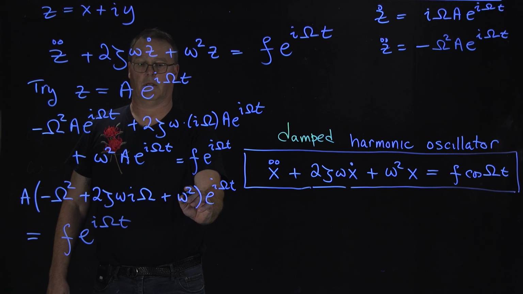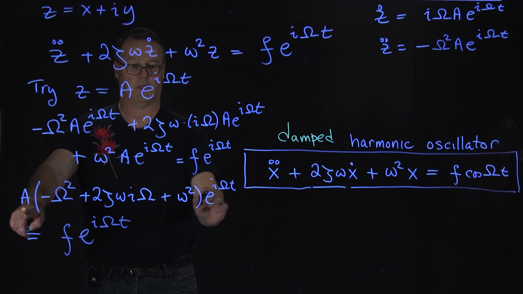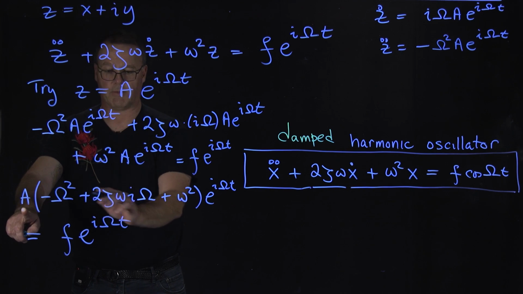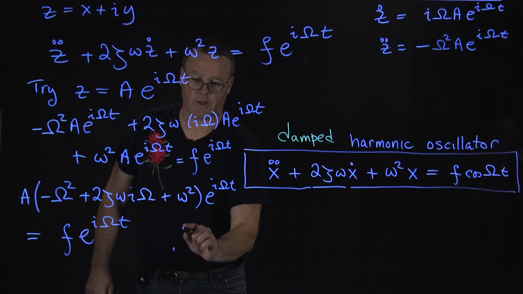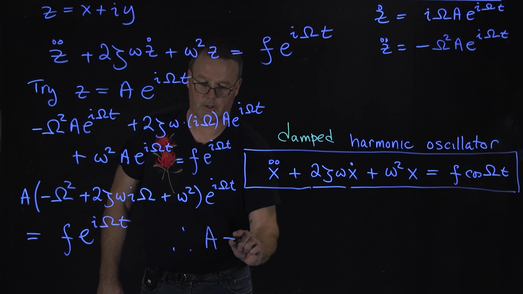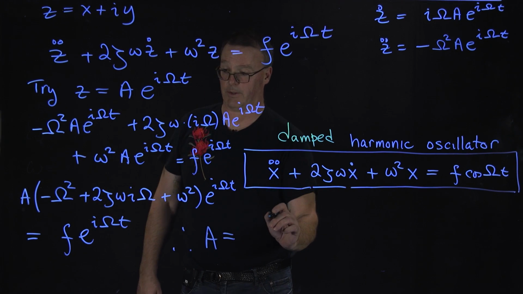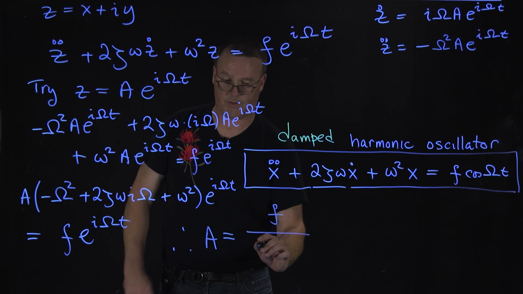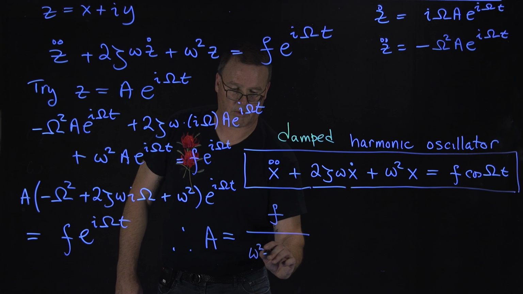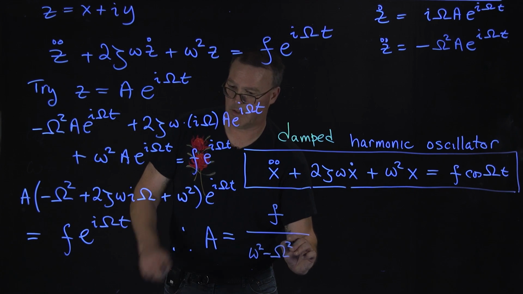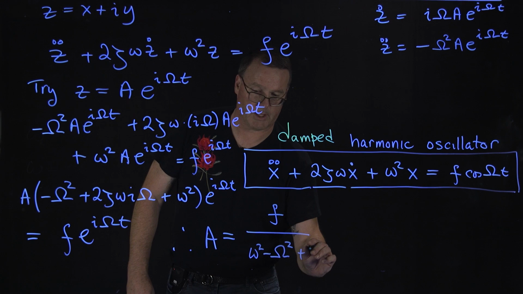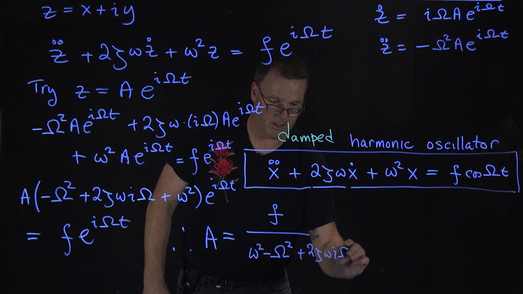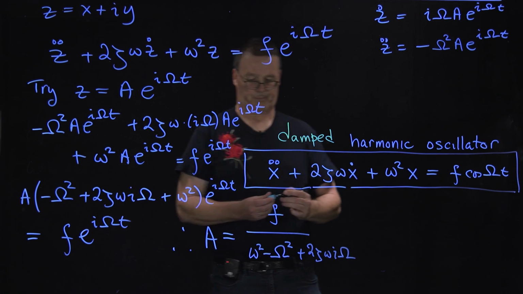This thing is constant, this is constant, and this is the oscillator, the e to the i omega t, so this times this must equal little f. Therefore, the resulting complex amplitude will be little f divided by all of this: little omega squared minus big omega squared, that's this one minus this one, plus 2 zeta little omega i big omega.